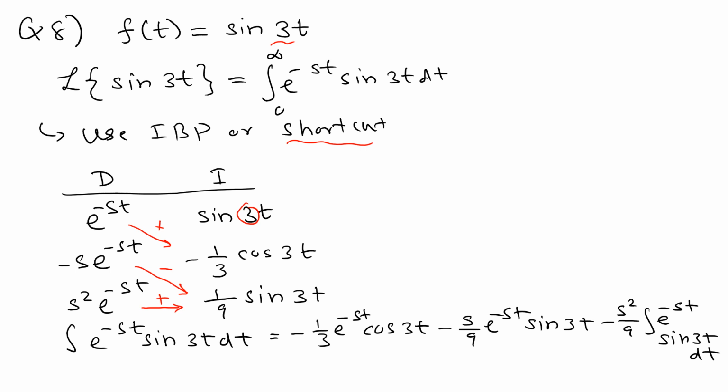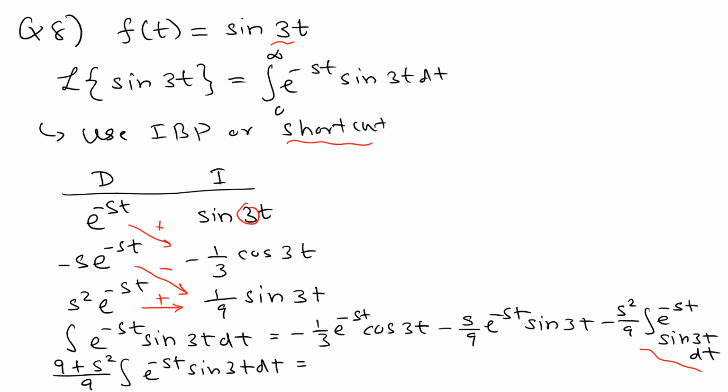Now what we're going to do, you can see the first one and this one are the same, so we're going to move that to the other side. When you move that to the other side, taking the common denominator, you can write this one as 9 plus s squared over 9 times the integral of e^(-st) sine 3t dt.